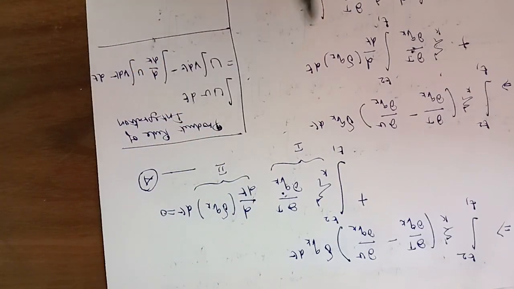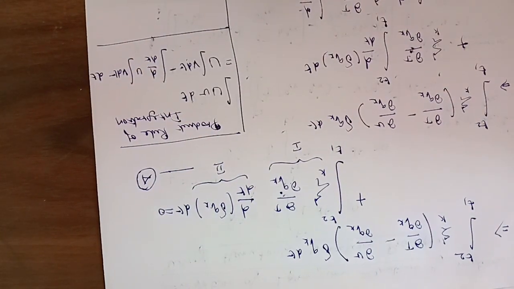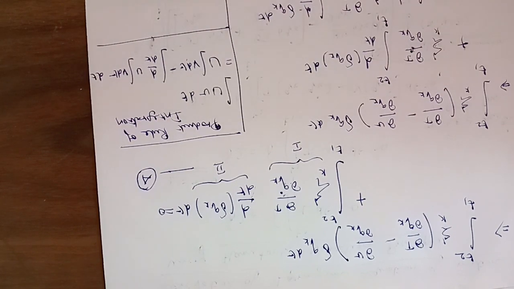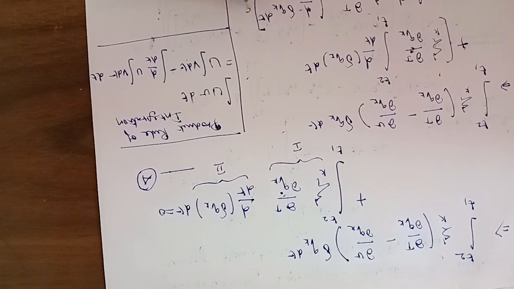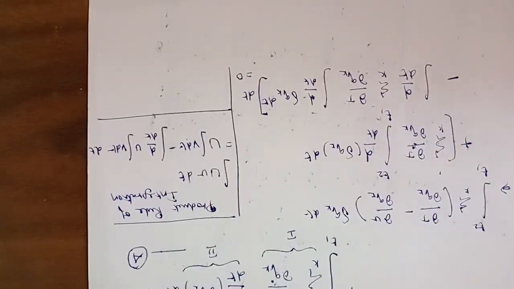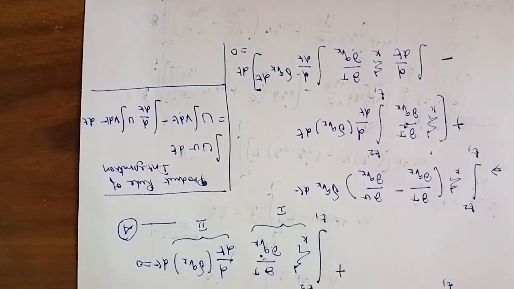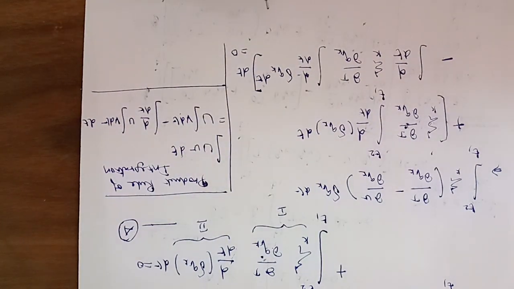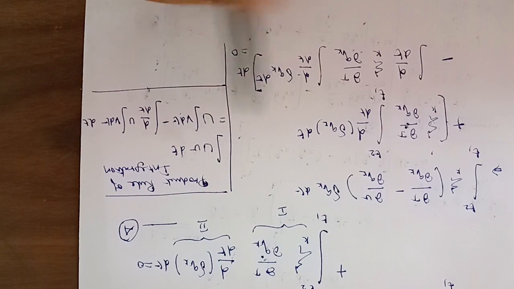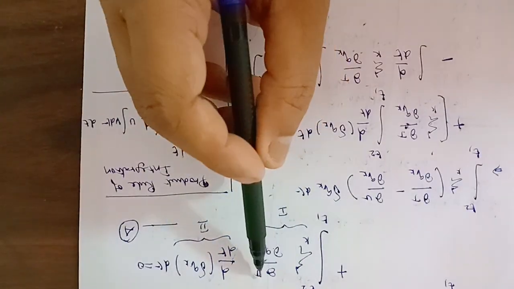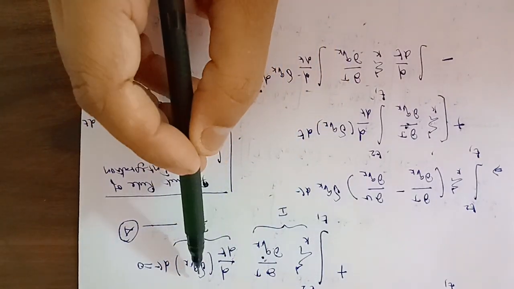V is nothing but this, so d by dt of delta qk into dt. This whole will come here and this dt is equal to 0. Understand? So you see, this is u and this is v.